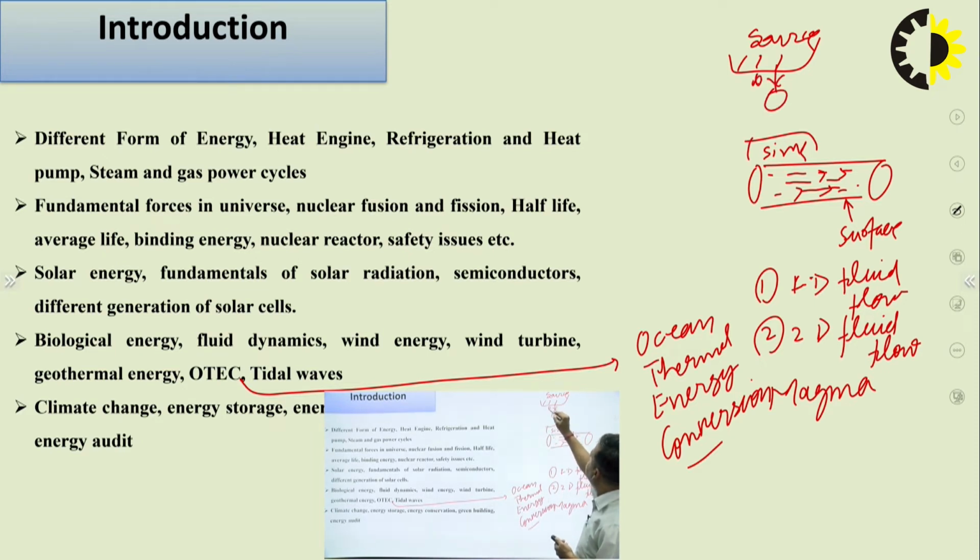So Q1 and Q2. Source Q1 energy is transferred to this, and this is divided into work done and some Q2 energy.